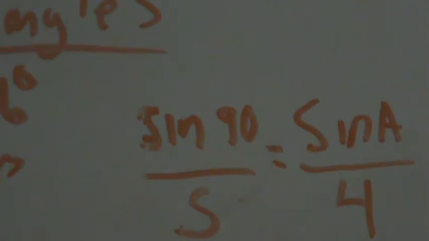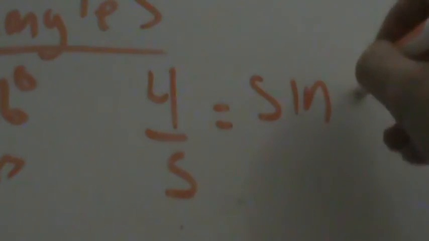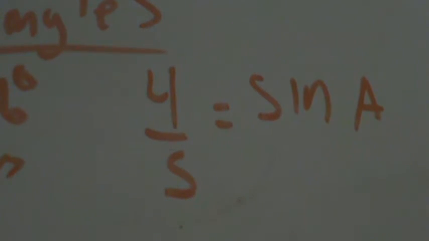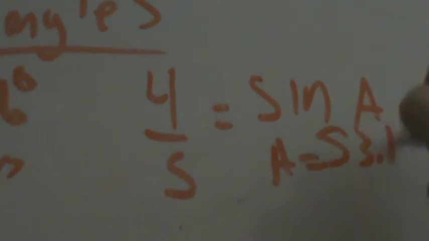So we know from here that sine 90 is 1, and you bring over that 4, so we know that 4/5 equals sine A. When you work this out, you find that A has to equal 53.13. Okay?